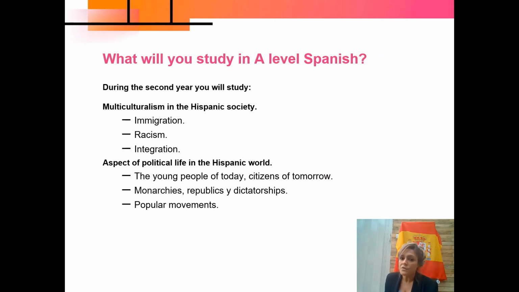And then we'll move on to aspects of political life in the Hispanic world, where we will look at unemployment in Spain and the crisis in Venezuela, perhaps. Then we'll move on to monarchies, republics and dictatorships, both in Spain and South America, and popular movements, in which we will study the political background of Spain in the last few years, where lots of political parties have developed, and we will study why.